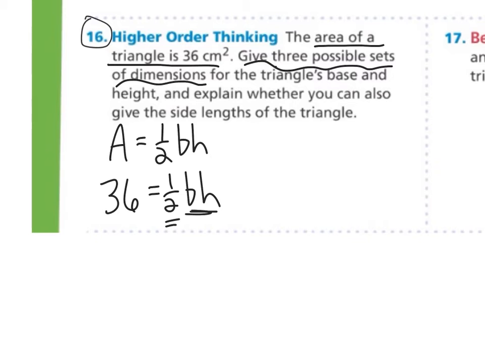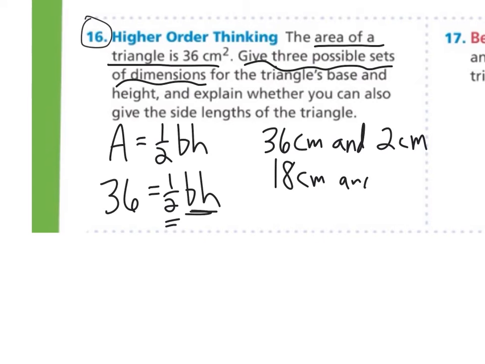So one option, we could have 36 centimeters and 2 centimeters could be our dimensions, or 2 and 36. We'll consider that to be the same. Another option, we could have 18 centimeters and 4 centimeters.